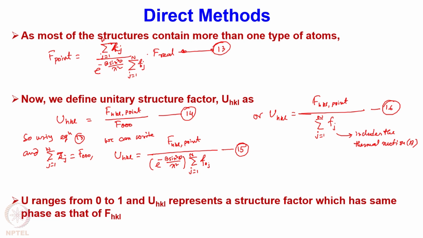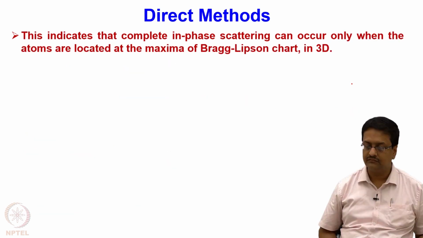As this U actually represents a structure factor HKL, these must have the same phase and the value of U should range from 0 to 1. So that is the restriction on values of 0 to 1, and the UHKL would represent the structure factor FHKL with the same phase as that of U.